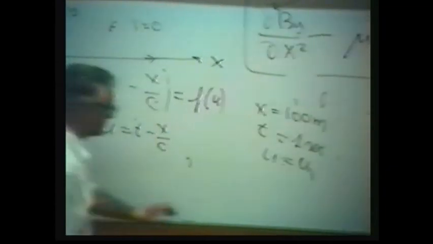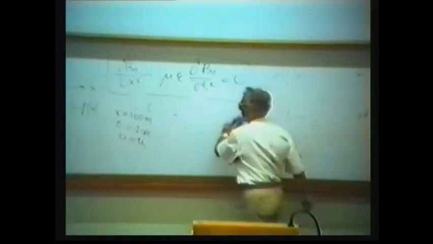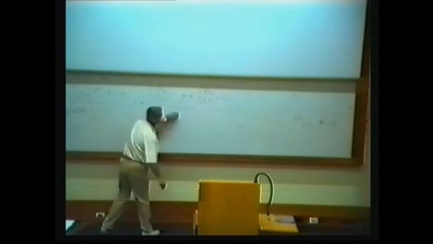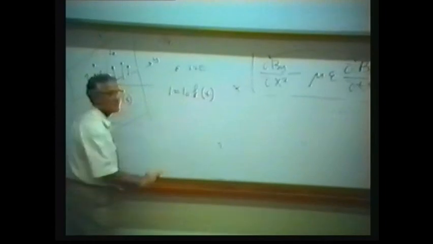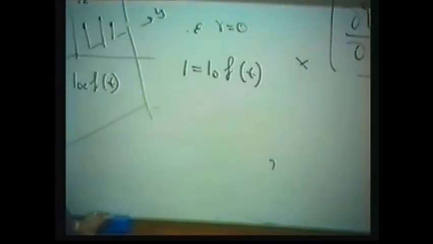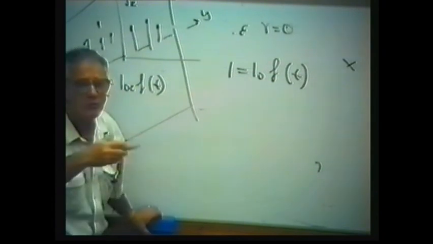For instance, my current, let us discuss now in detail. My current changes as a function of time, f of t. An arbitrary function. It could be an impulse, step function, whatever you would like.